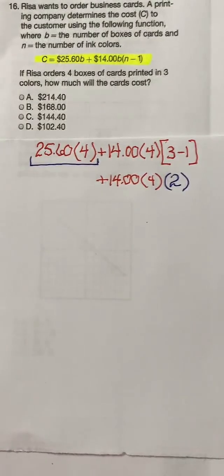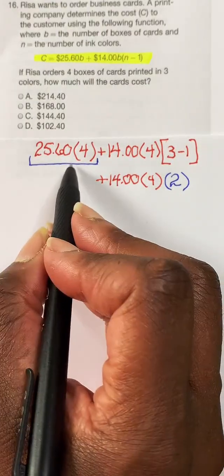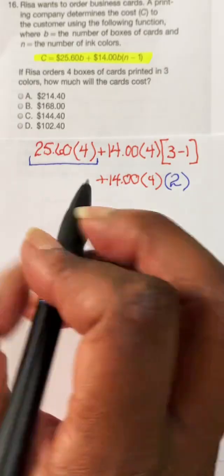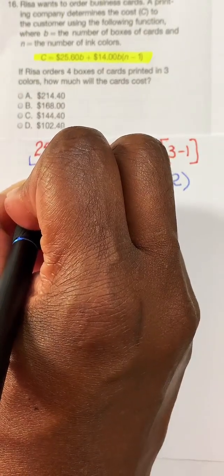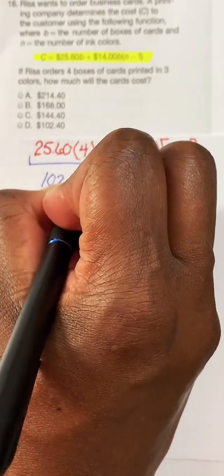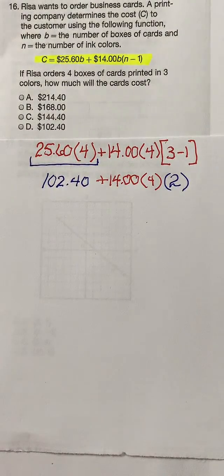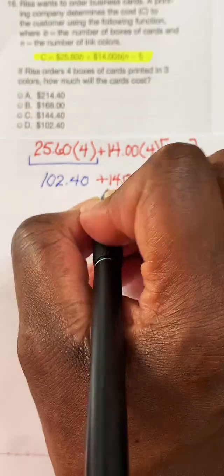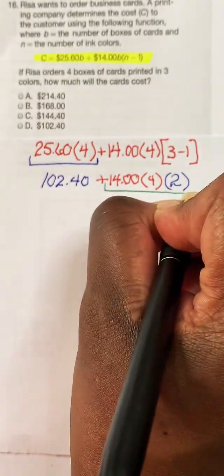Okay. Then I also am going to take care of my $25.60 times 4. So that gives me 102.40. So next, I can deal with the multiplication of my 3.